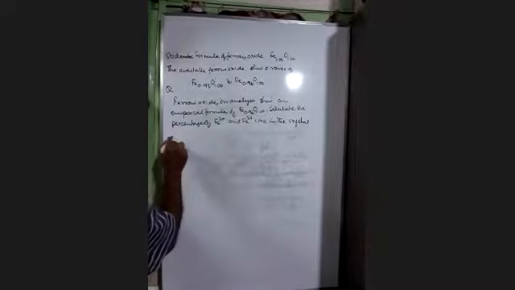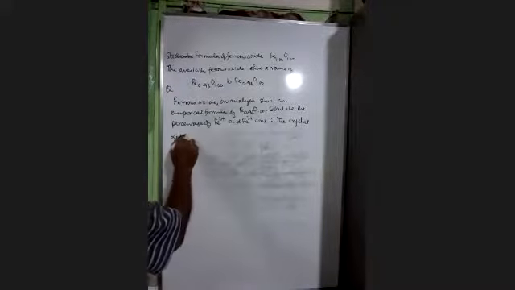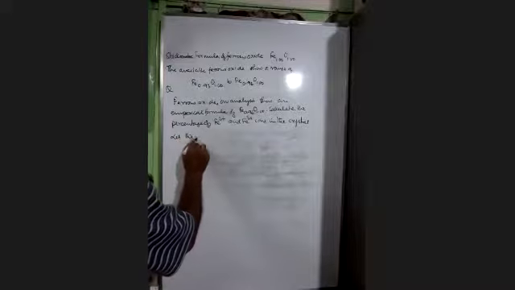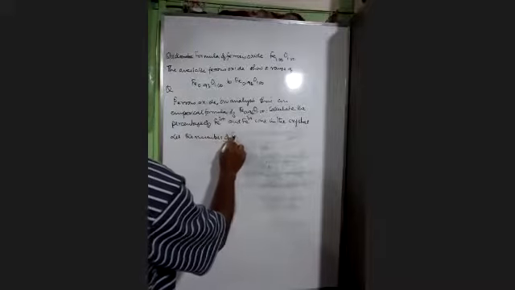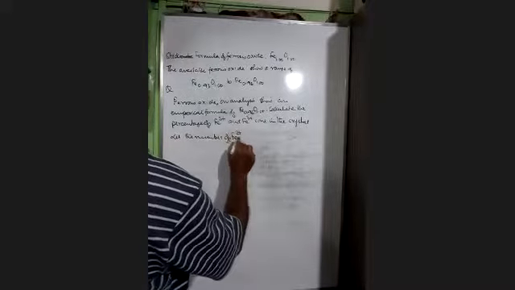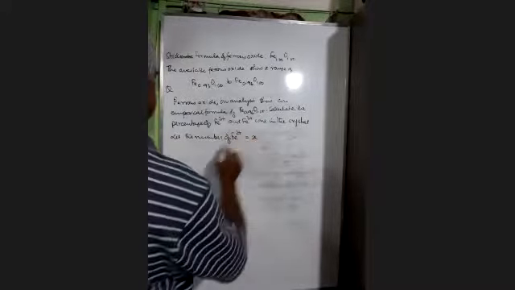Then you'll write here: let the number of Fe2+ ions be equal to x.